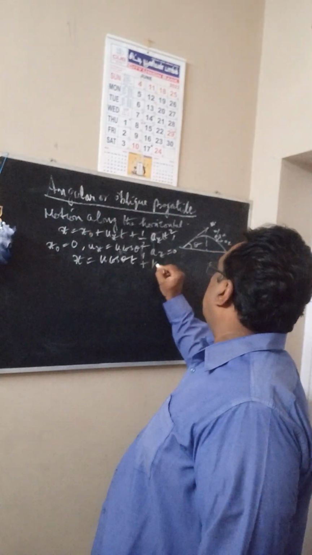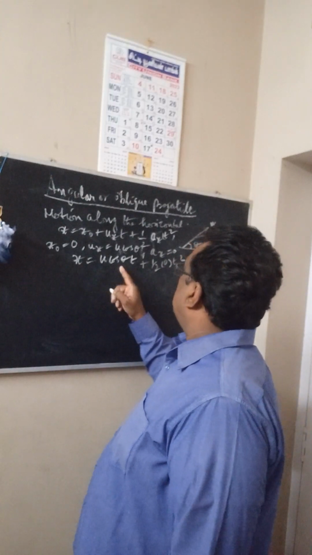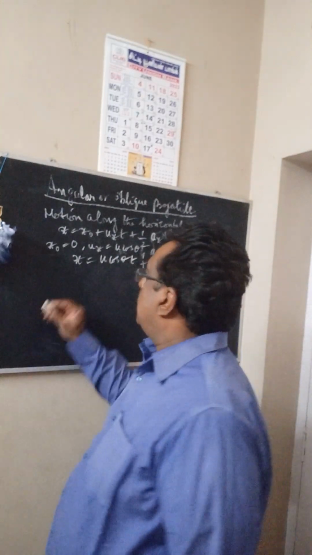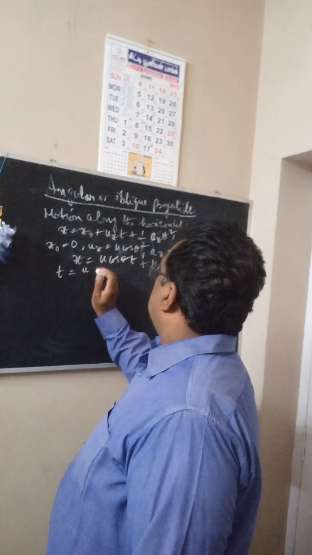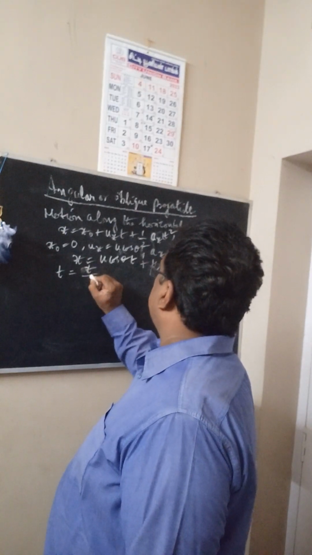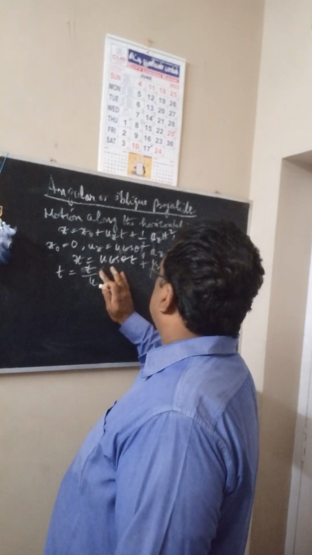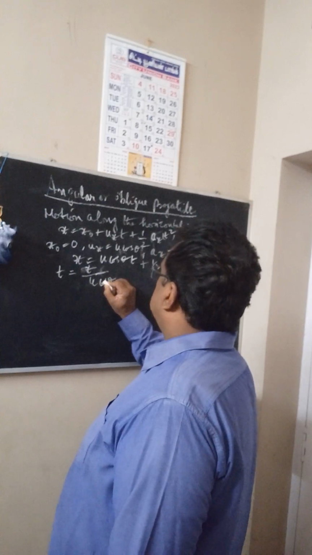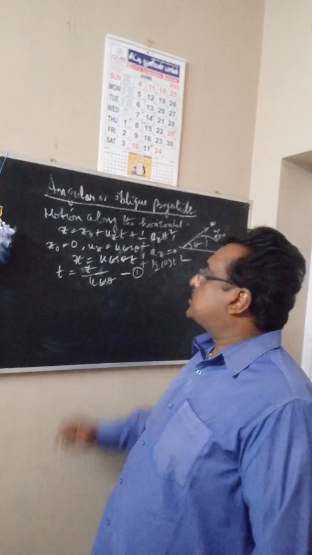So we now have the x component. We see t is equal to x by u cos theta. You keep this as equation 1.